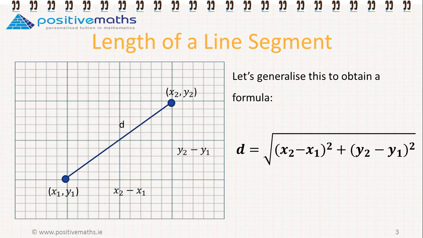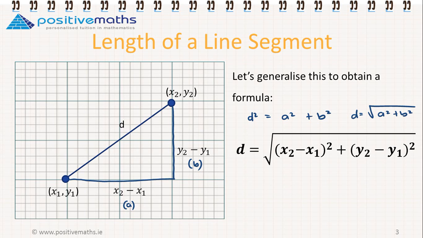So let's generalize this to obtain the distance formula. Again, if we take our distance here, and we call it A, and our distance here, and we call it B, then D squared is equal to A squared plus B squared, like we saw on the slide before. So therefore D is equal to the square root of A squared plus B squared.